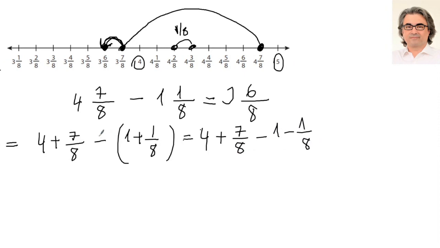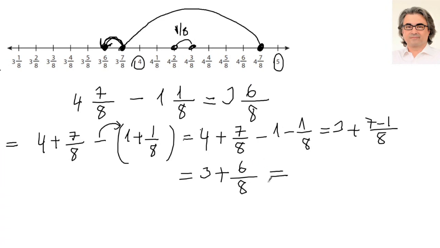I distribute the minus sign. 4 minus 1 is 3. 7 over 8 minus 1 over 8 is 7 minus 1 over 8. It means 3 plus 6 over 8.